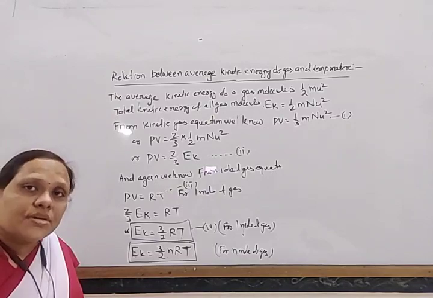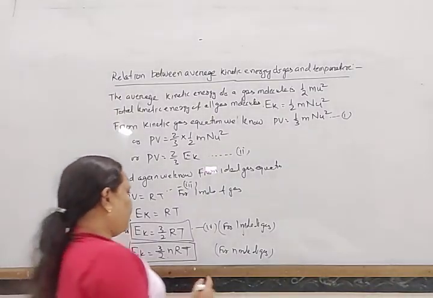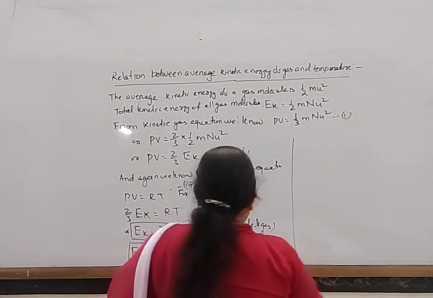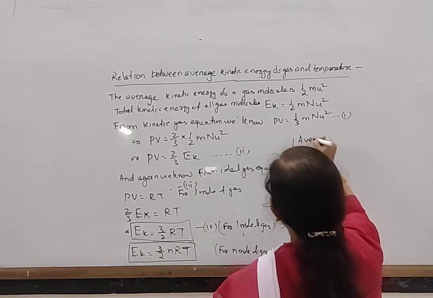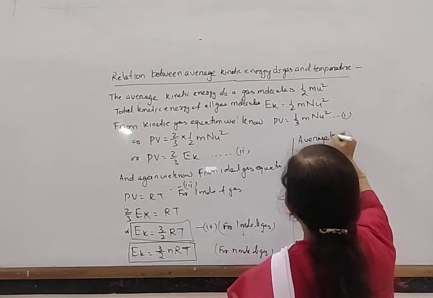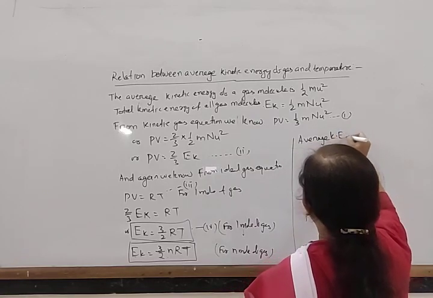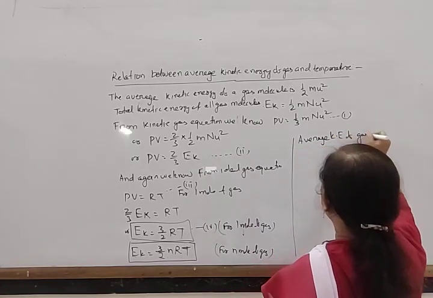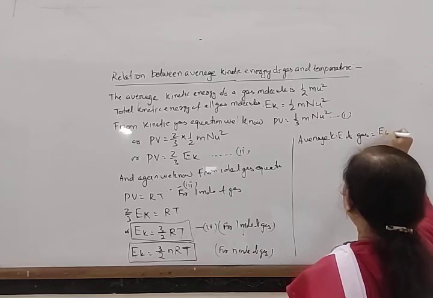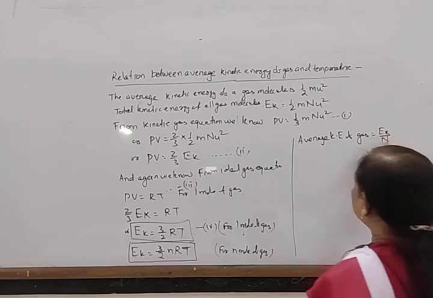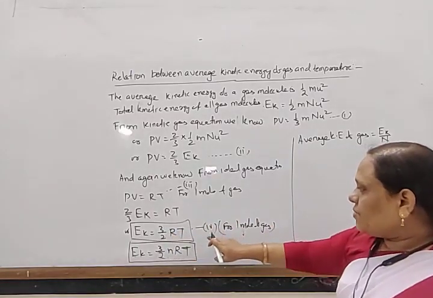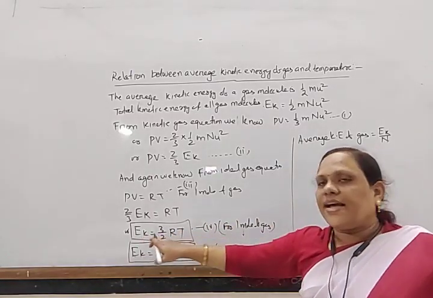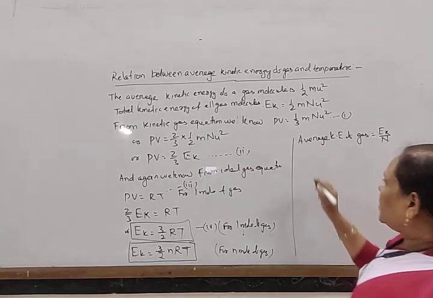And when we consider the average kinetic energy, the average kinetic energy of a gas is equal to the total kinetic energy divided by N. So dividing both sides of equation 4 by N, what we get?